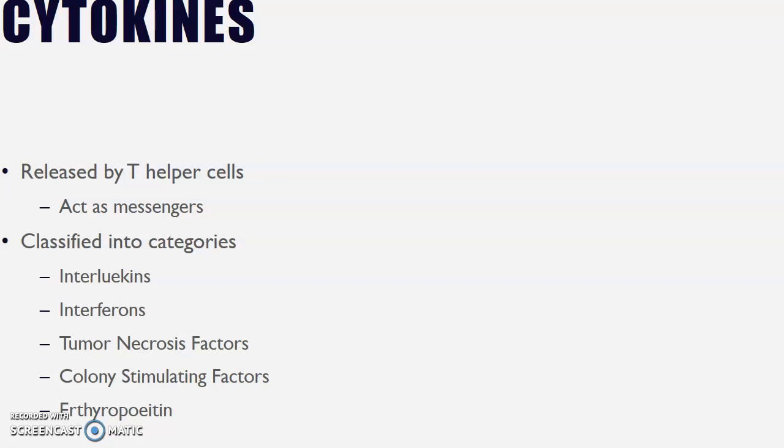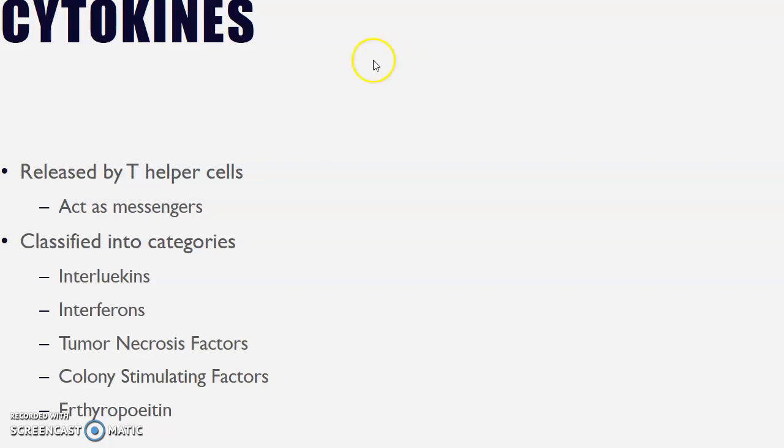The colony stimulating factors work as growth regulating factors in the hematopoietic cells in the bone marrow. And then we have erythropoietin, which we've heard before when it came to kidney disease. Erythropoietin is produced by the kidney, and it works on the bone marrow to build up red blood cells.